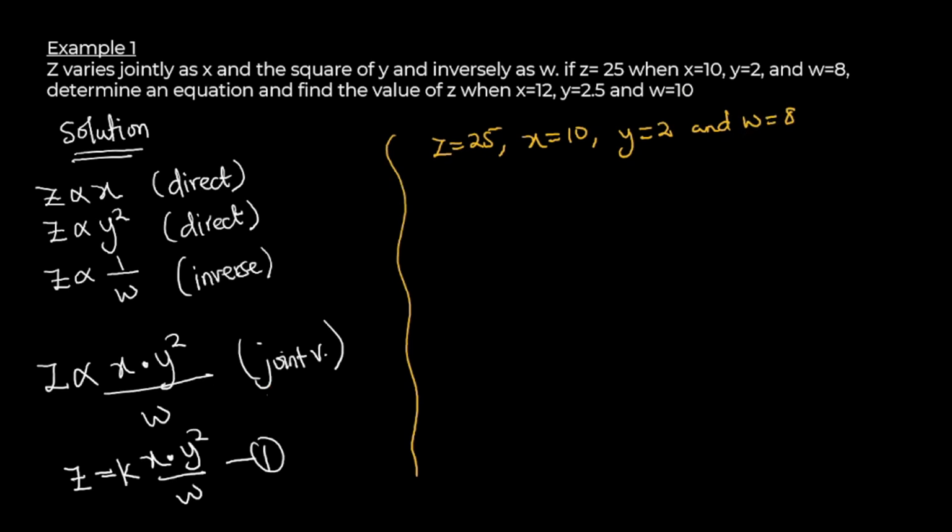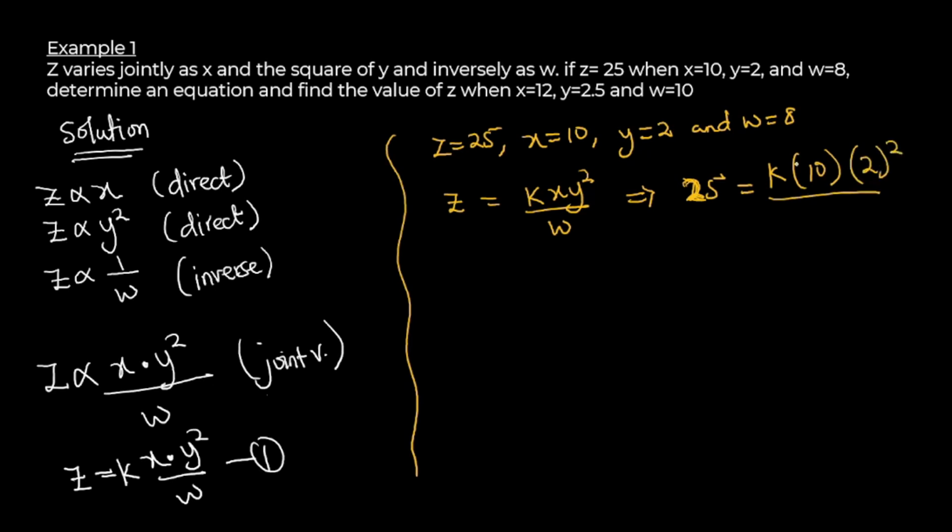Simple mathematics. So we have Z equal to K X Y squared on W. This implies that Z, which is 25 now, is equal to K, we do not know, X is 10, Y is 2 squared, and W is 8.